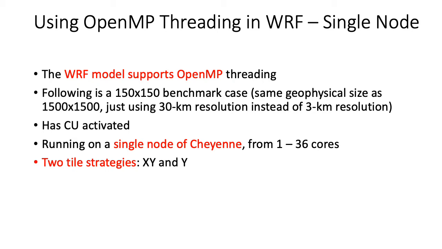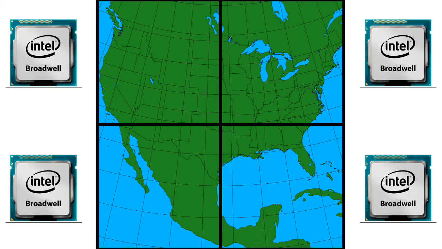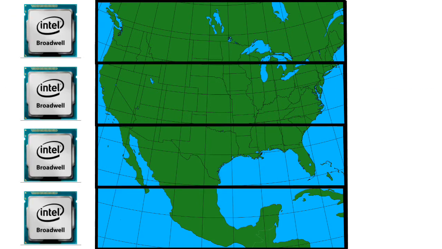So small, thin rectangles stacked up on top of each other. This would be an example of what 4 OpenMP threads would look like if we were doing an XY strategy. This would be an example of what 4 OpenMP threads would look like if we were doing a Y-only tile strategy.